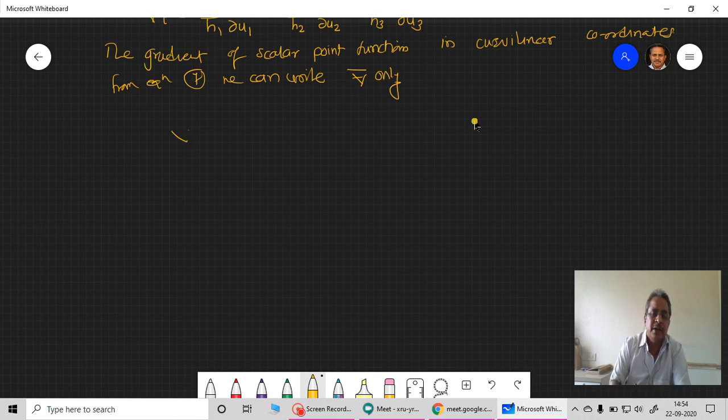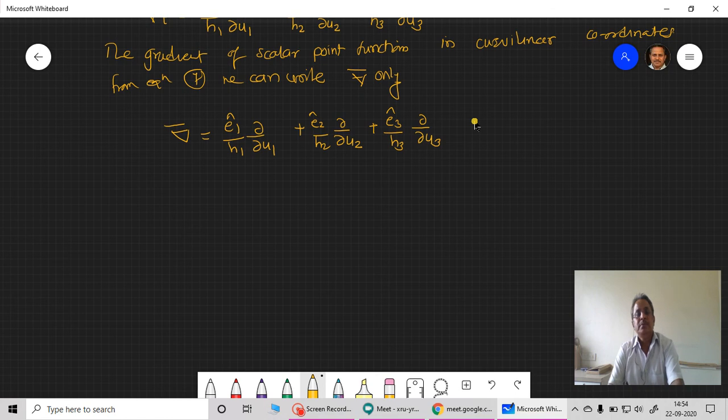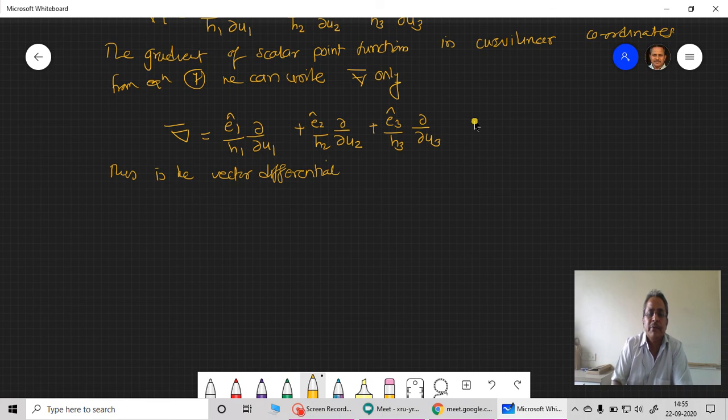This del bar, which is called the vector differential operator, is E1 cap upon h1 into ∂/∂u1 plus E2 cap upon h2 into ∂/∂u2 plus the third component E3 cap upon h3 into ∂/∂u3. So this is the vector differential operator in curvilinear coordinates.